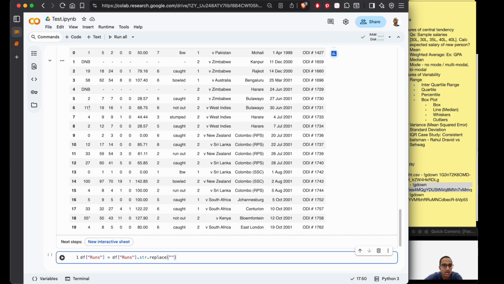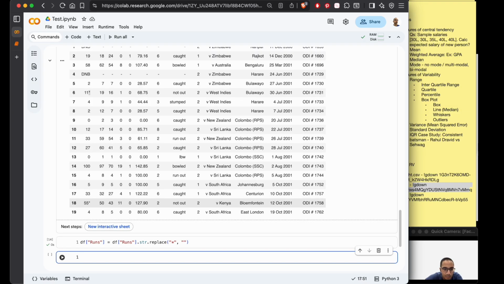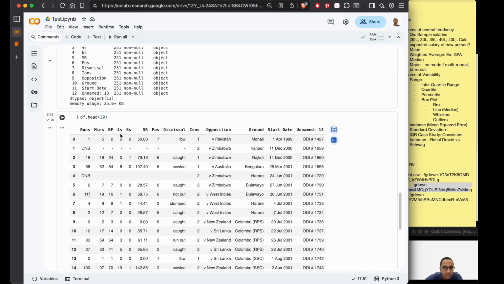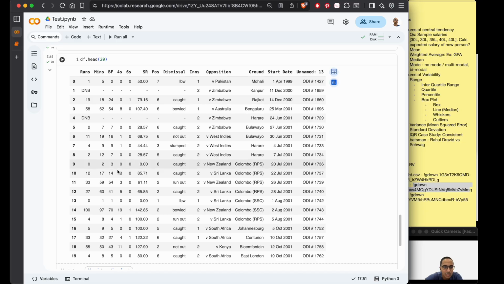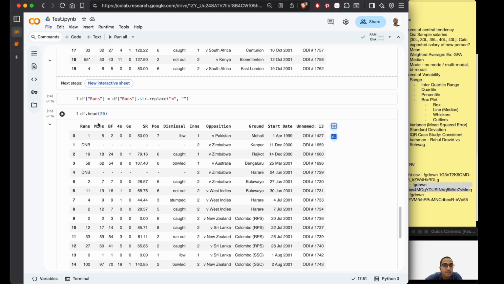I will replace all the stars with empty. So I'm just trimming those star values from this column. Now if we check df.head, it should ideally remove that. So that removed the stars from it.